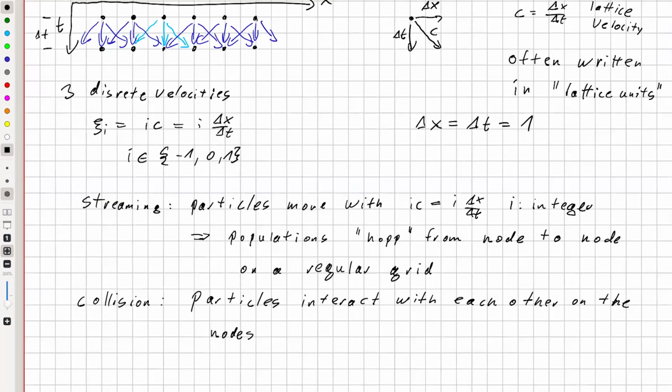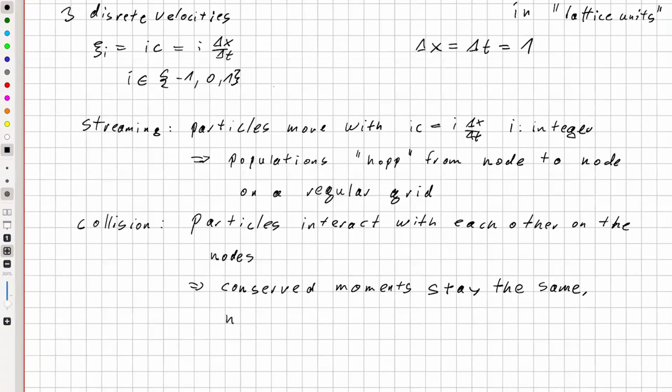And this is supposed to conserve, or rather the conserved moments will stay the same. So this is what it means to be conserved, and the non-conserved ones will change in a fashion that we have to determine.